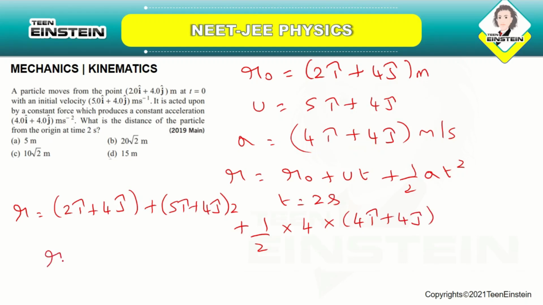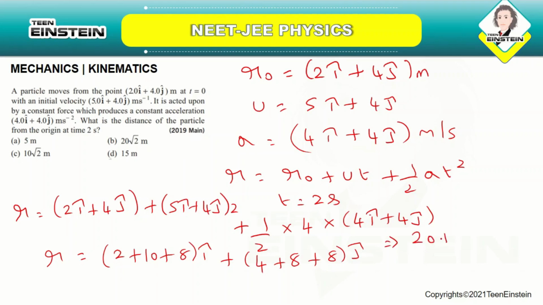So if you solve this, you will be getting r is equal to all the i components brought to one side: 2 plus 10 plus 8 i, plus j components 4 plus 8 plus 8 j. So when you solve this, you will be getting 20i plus 20j meters. Okay.